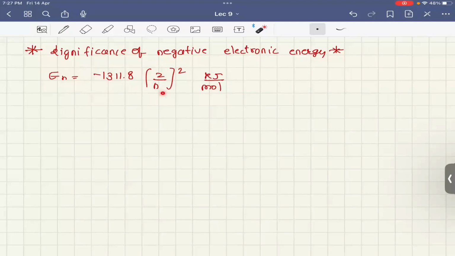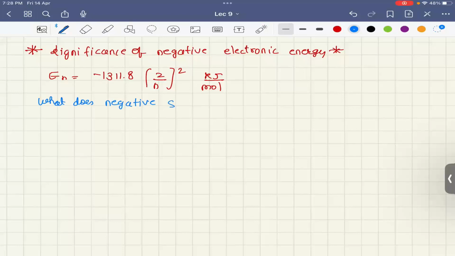So what does this negative energy convey?